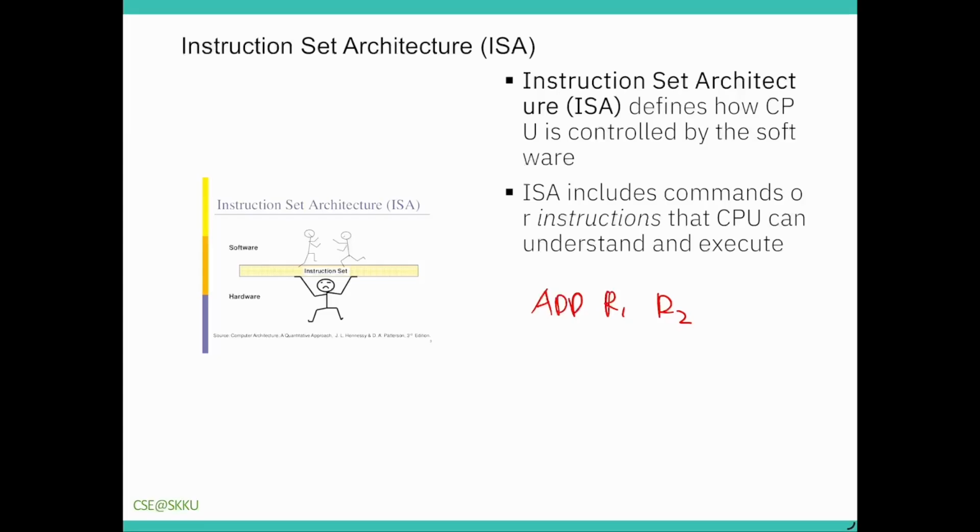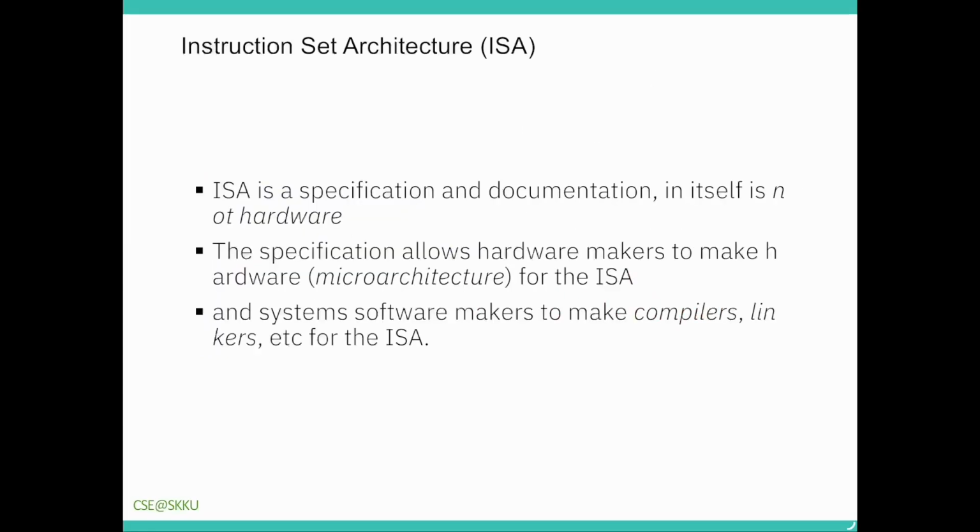So because we have this kind of a standardized protocol, the programmer and compiler together know how to convert the human readable source code into directly executable machine code. So it's a set of commands and other protocols that allows us to know how to control the CPU to achieve general computation. So ISA itself is just a specification and documentation.